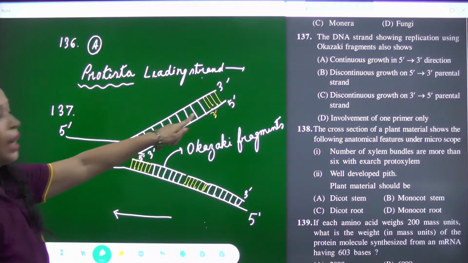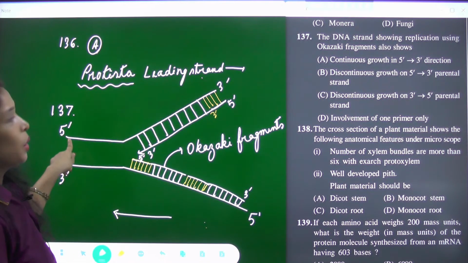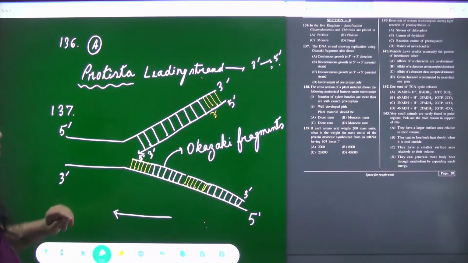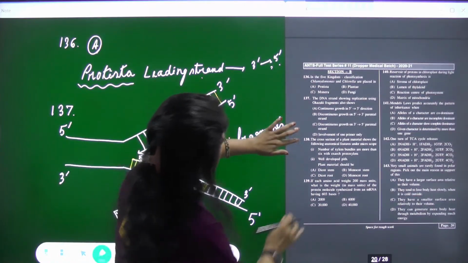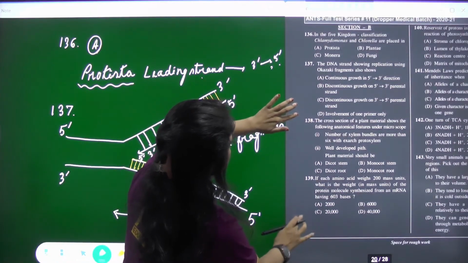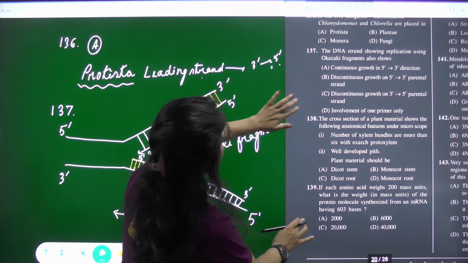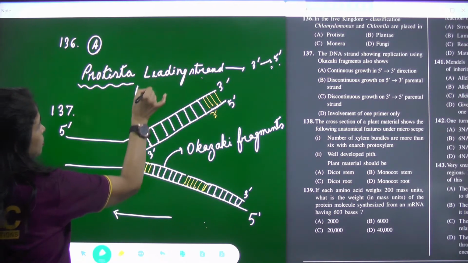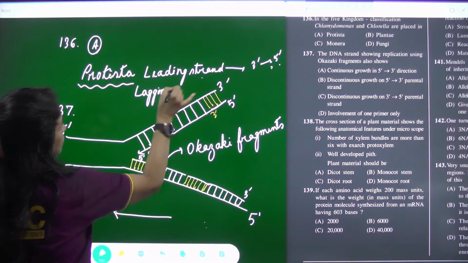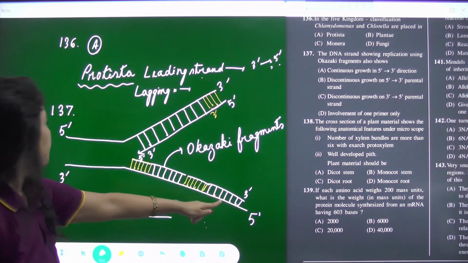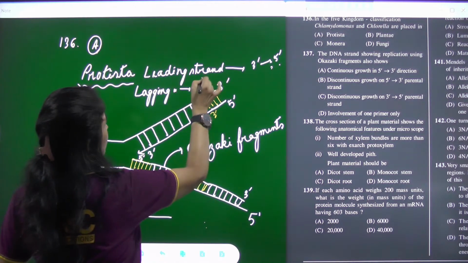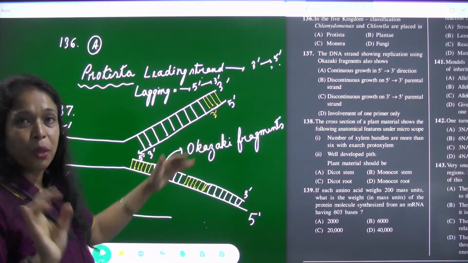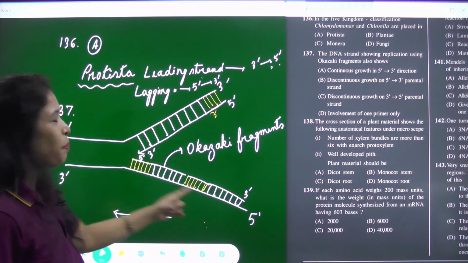This is 3 prime 5 prime. Okay, leading strand 3 prime 5 prime. The lagging strand, this one, its polarity is 5 prime 3 prime. Fine, because whenever you are asked for polarity, we always see the template strand.